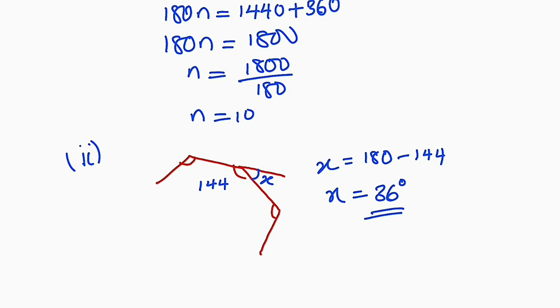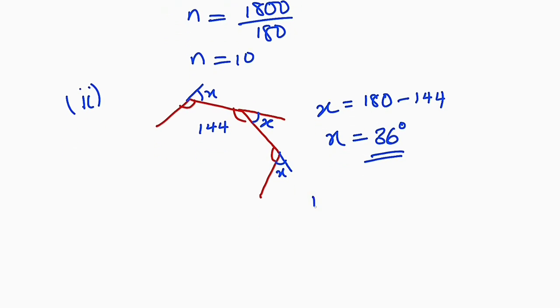And how can we find it apart from this method? Remember that the sum of all the exterior angles of a polygon is equal to 360. So we can have another x here, we can have another x here, all of this. If you add all of them together, remember they are 10 in number, you're going to get 360. Therefore, 360 divided by 10 will give us that angle as well.